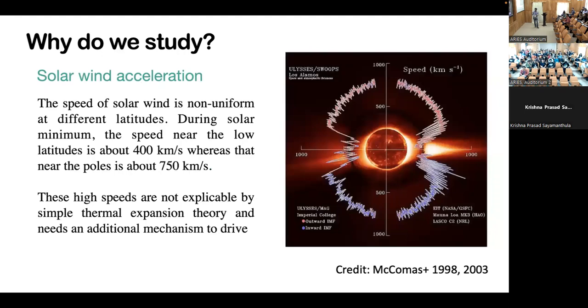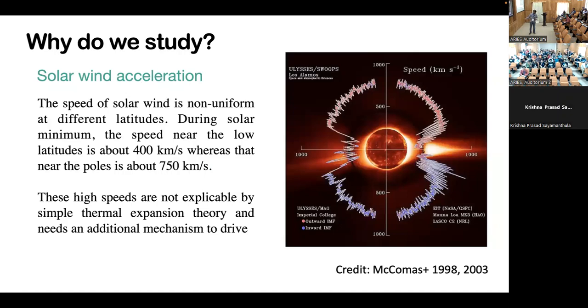And then another picture, what you see here is the plot showing the solar wind speed as a function of latitude. This is close to the equator and this is closer to the poles. These are spacecraft observations, and you can see the solar wind speed is much higher towards the poles, and it is much lower towards the equator.